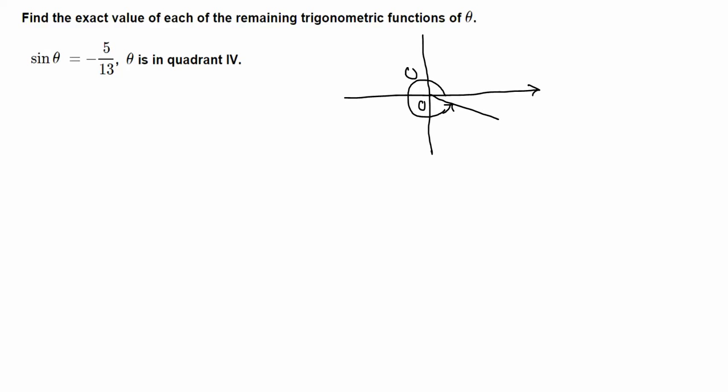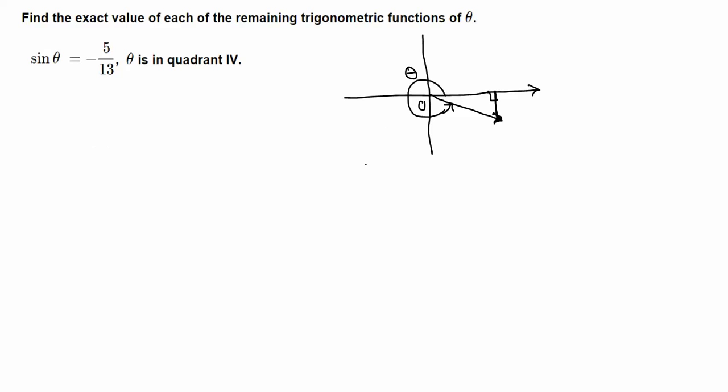That's the theta angle, and this is the terminal side, or we can draw a right triangle here. And this will be the reference angle, the small reference angle, and sine is opposite.